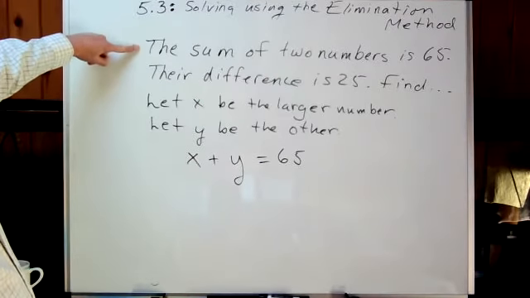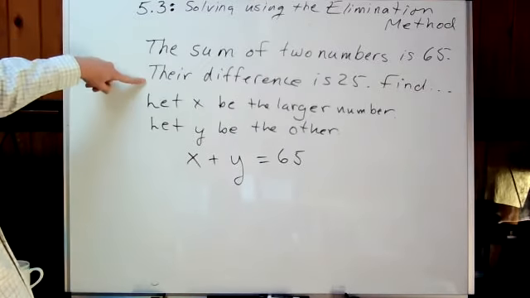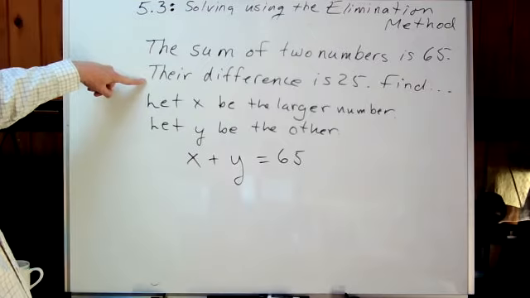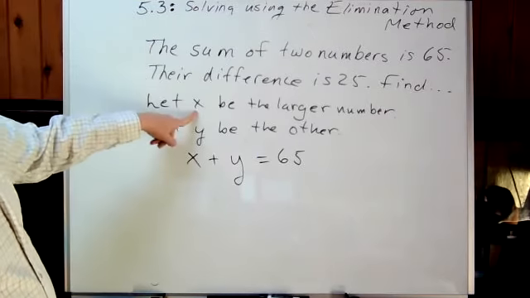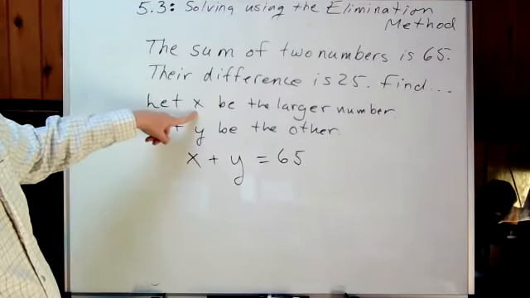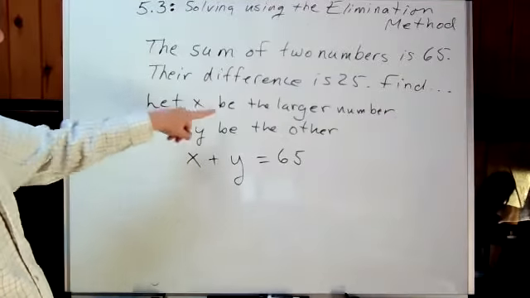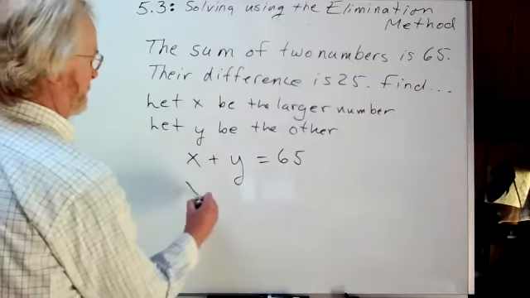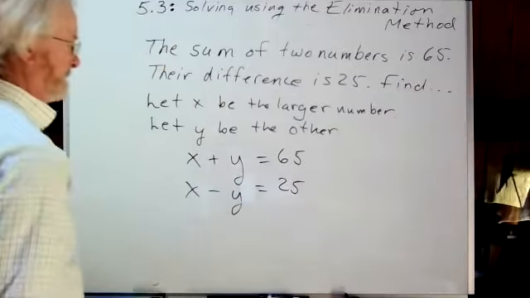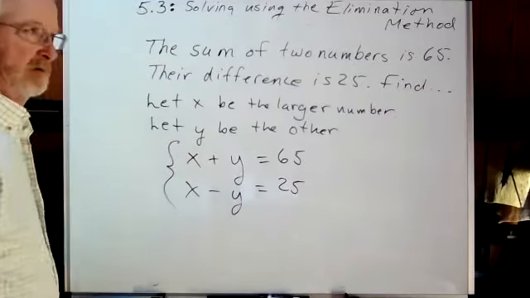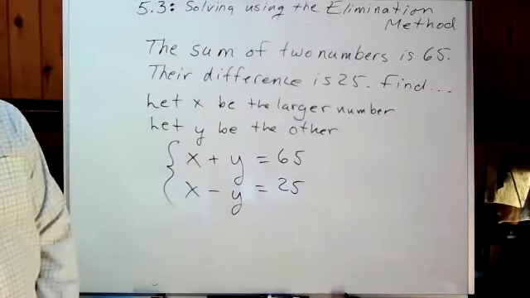Their difference is 25. Well, and so one minus the other, right? And so since I'm calling the x, I'll start with the bigger one. I'll start with the x and say x minus y equals what? 25. Ta-da.